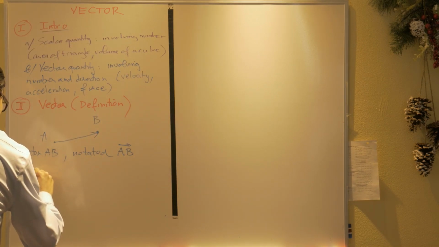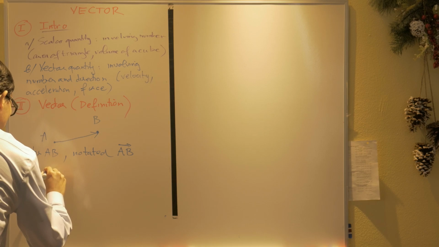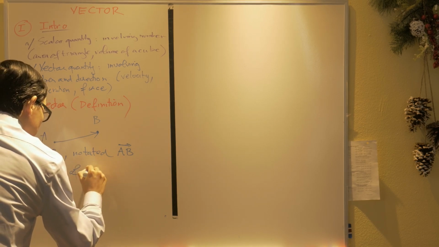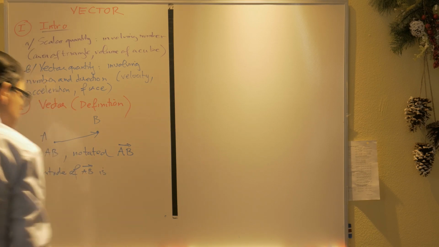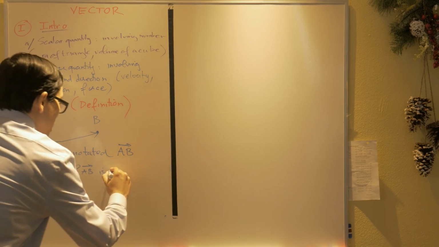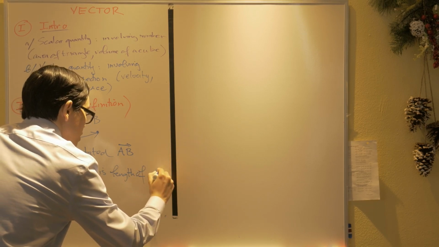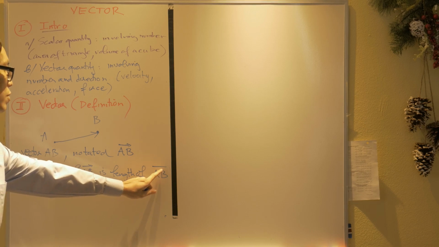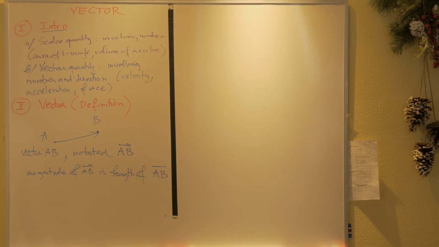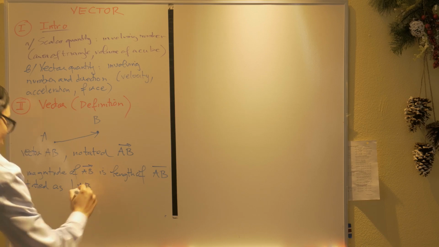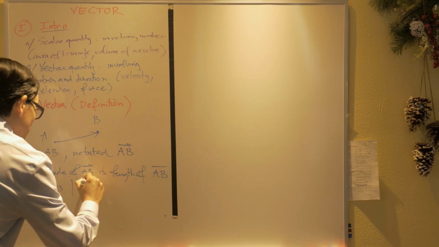The magnitude of vector AB is the length of segment AB, and it's notated as an absolute bar of vector AB.